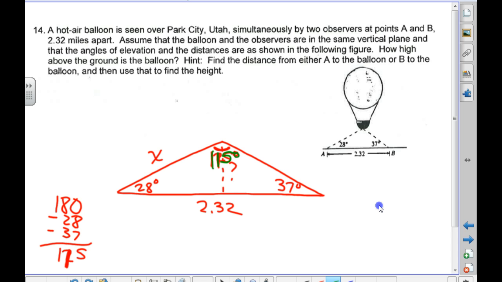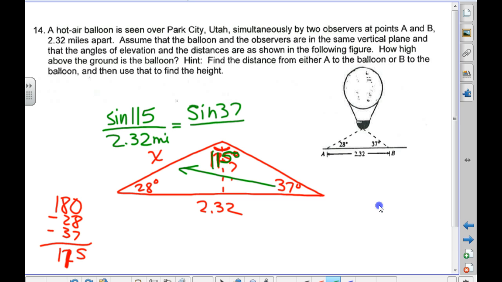If we find this side x, we would say the sine of 115 is across from 2.32, is it kilometers? Miles? Miles? In the same way that the sine of 37 is across from x miles.